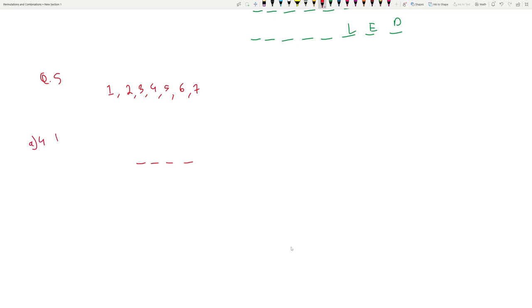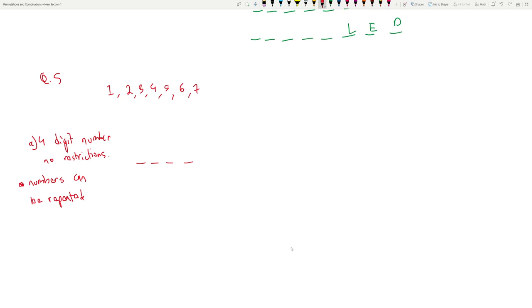Okay, 4-digit number, no restrictions. Numbers can be repeated. This is very important. Numbers can be repeated. If they ever say this, numbers can be repeated, it is not permutation. Because permutation actually means that if you use up a number, you can't use it again.